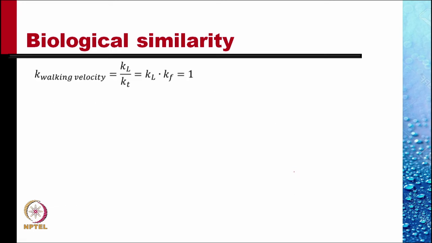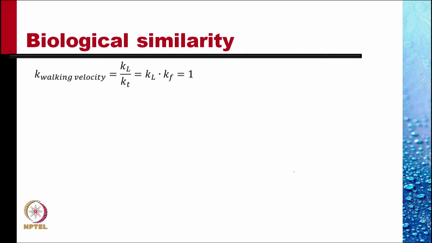Walking velocity, KL by KT, velocity is like length scale factor divided by time scale factor, and that is KL times KF, the frequency scale factor, and we have just seen that the frequency scale factor is like 1 over KL.